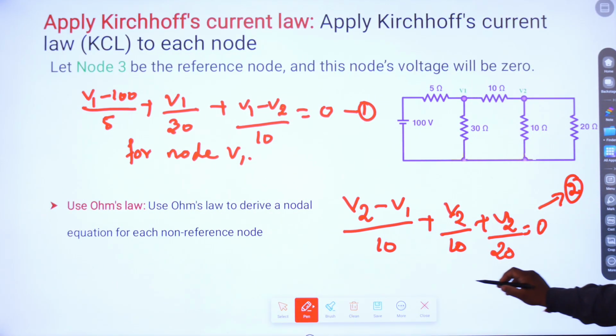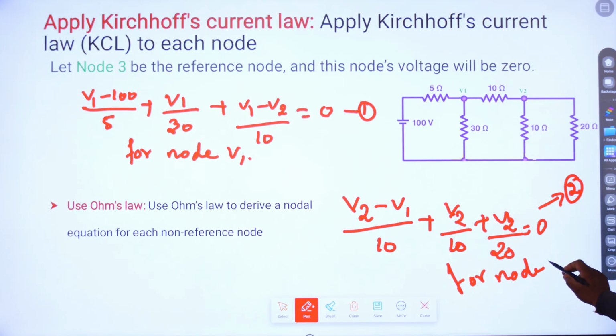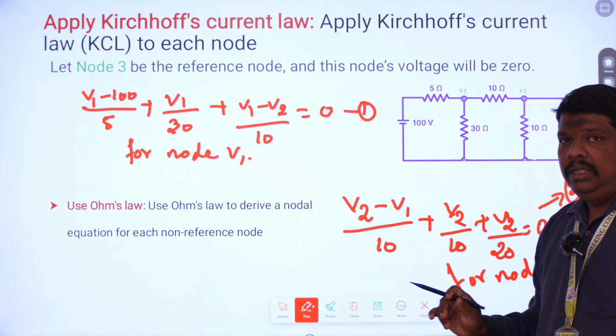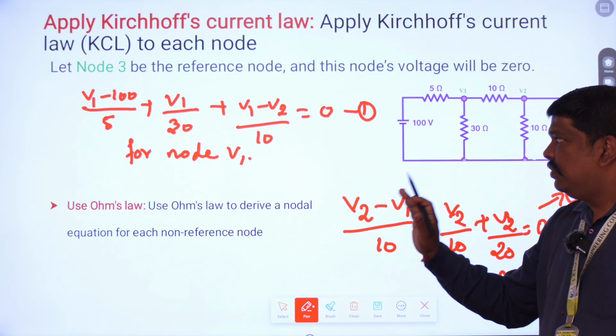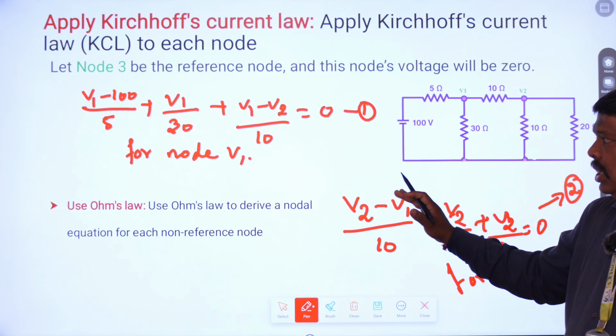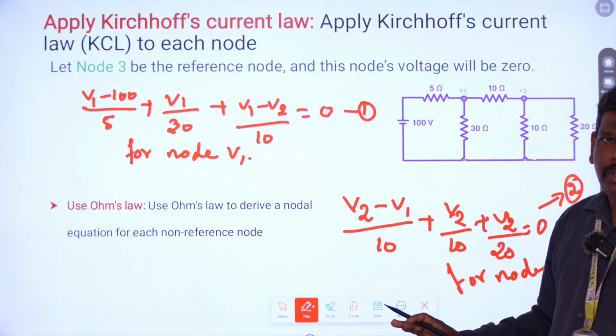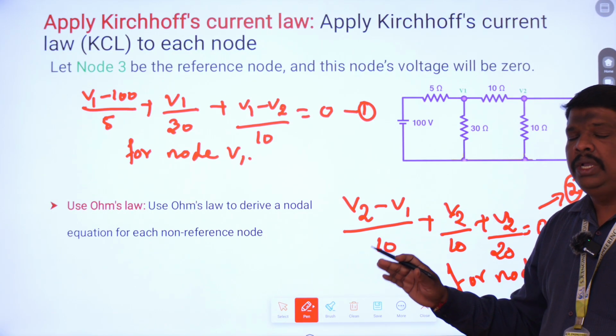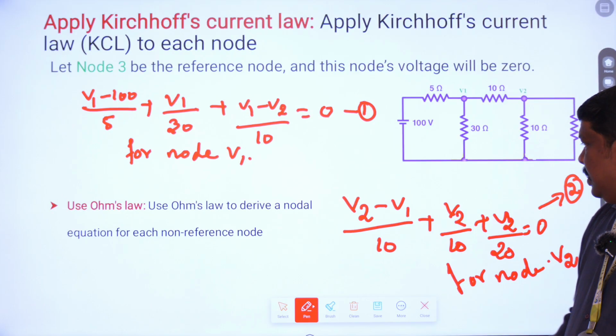Second equation for node V2. Now I have applied your Kirchhoff current law as well as Ohm's law for your equations. Now I am going to simplify equation 1 as well as your equation 2. After that I am going to solve them simultaneously to find your node voltages.